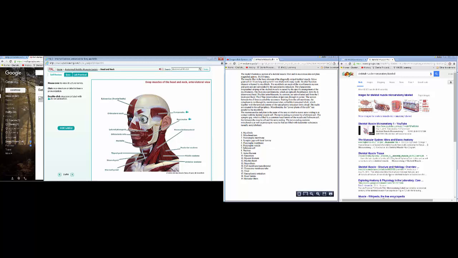There are basically three sets of scalenes: anterior, middle, and posterior. And then you've got your pterygoid muscles. Just the one lateral pterygoid muscle. That helps to chew. That's one of your chewing muscles.